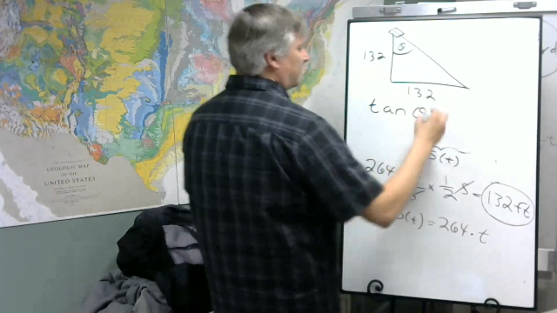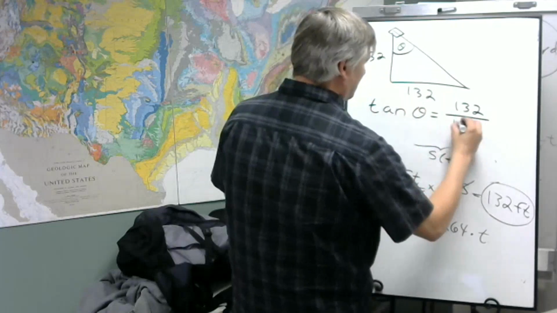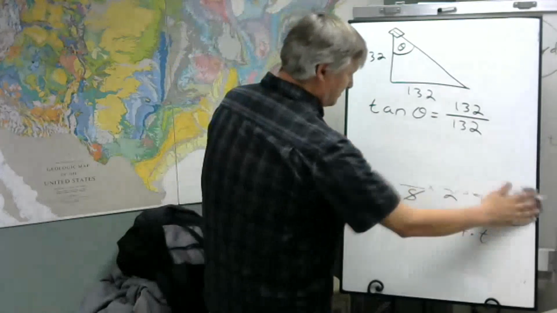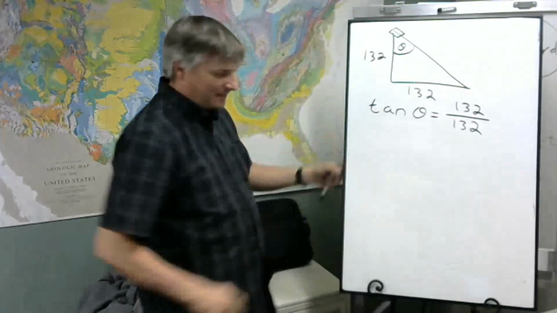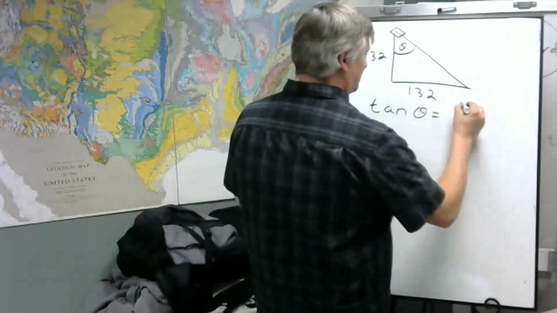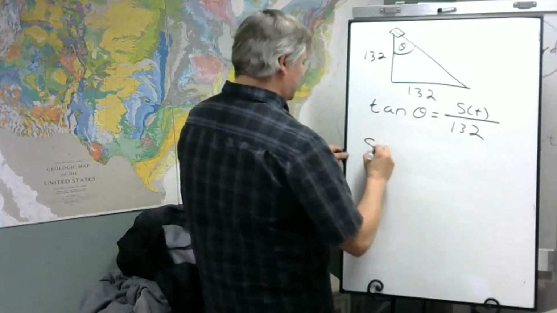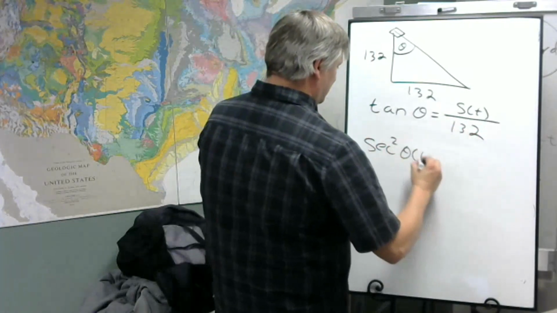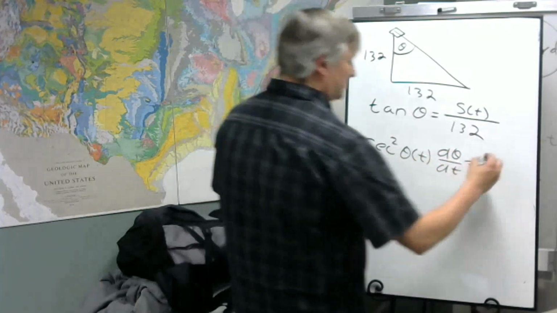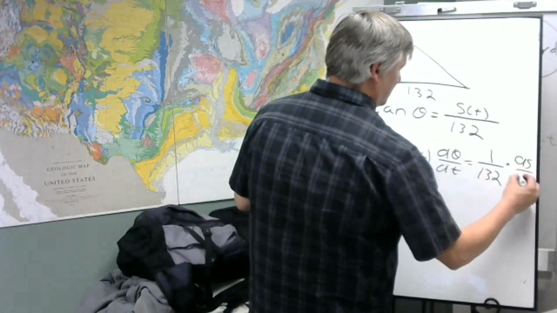Tangent of theta is going to be s of t over the distance from the track, over 132. And what we found was that secant squared theta of t, d theta/dt, is going to be 1 over 132 times ds/dt.